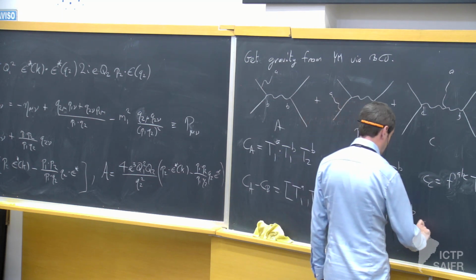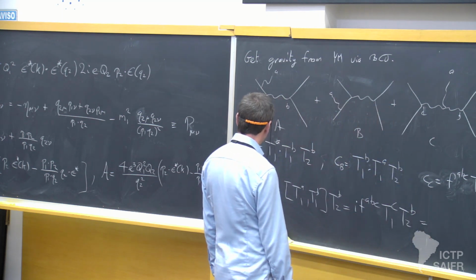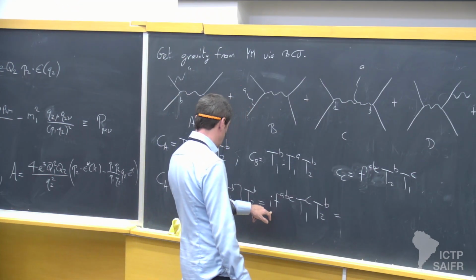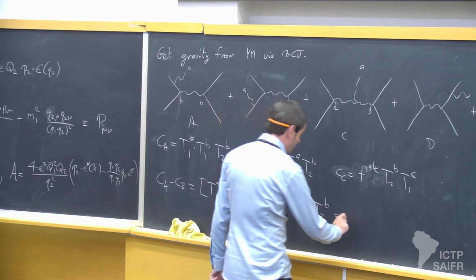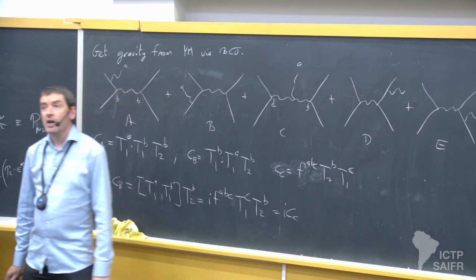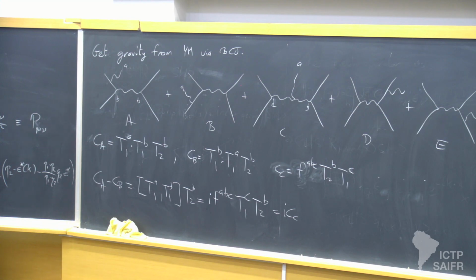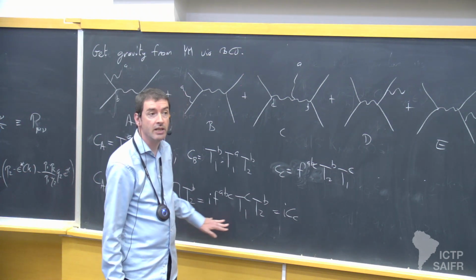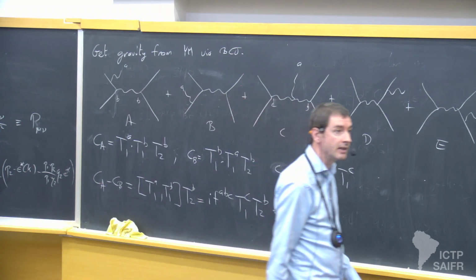So that seems to be equal to, well, my conventions are messing me up with this I, which I probably don't want to have in these conventions, but anyway, the point is that there's a relation to CC. So one needs to have numerators that satisfy color kinematics duality. There's a genuine constraint from color kinematics duality here.